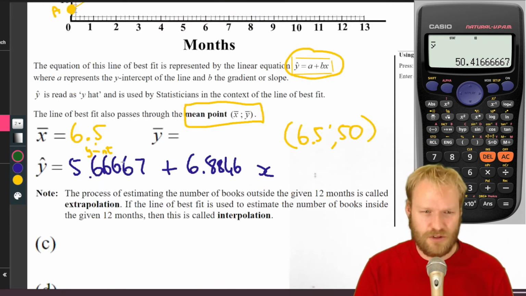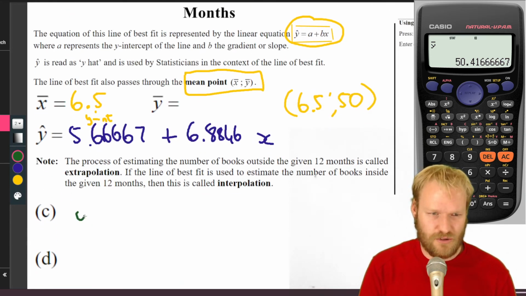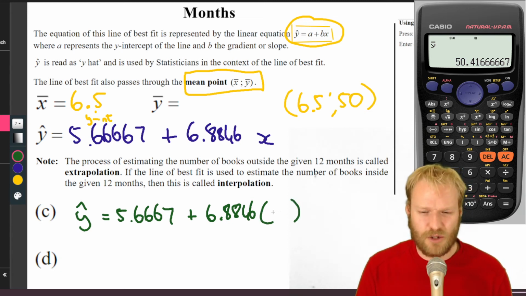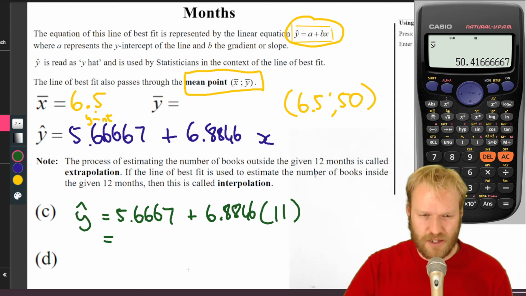So why don't we use this equation? y hat equals 5, 6, 6, 6, 7, however many decimal places we said we wanted, plus 6, 8, 8, 4, 6, x. But what was our x value? What are we inputting? Well, we're just inputting 11. So put that in, equals.